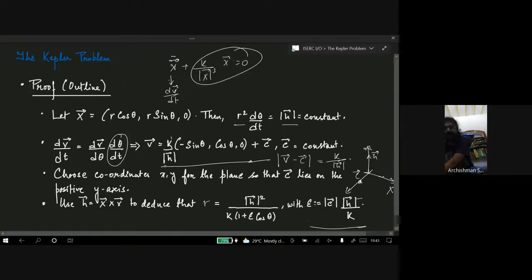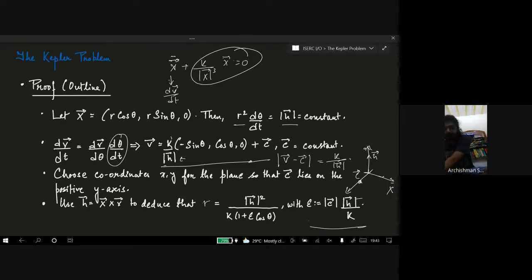Let me also mention that if the angular momentum vector is 0, the velocity circle actually blows up to infinity because there's h in the denominator. If h goes to 0, the radius of the velocity circle keeps blowing up until it goes to infinity.